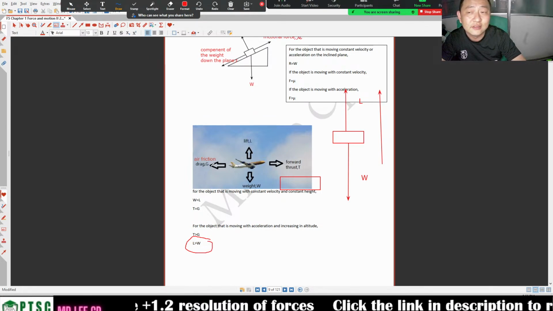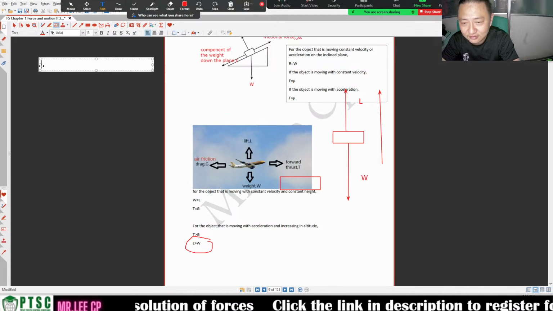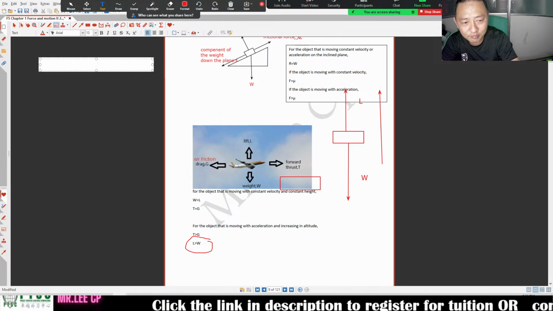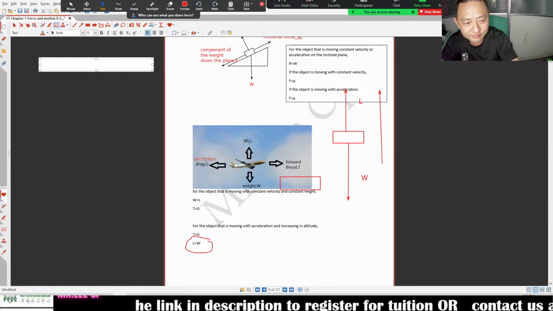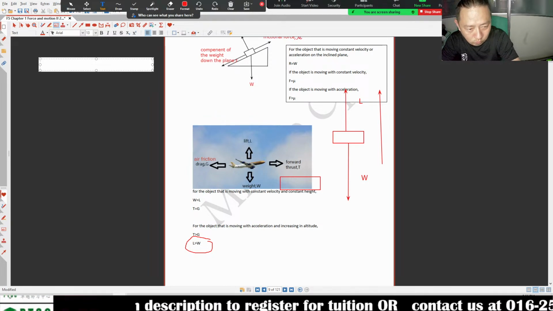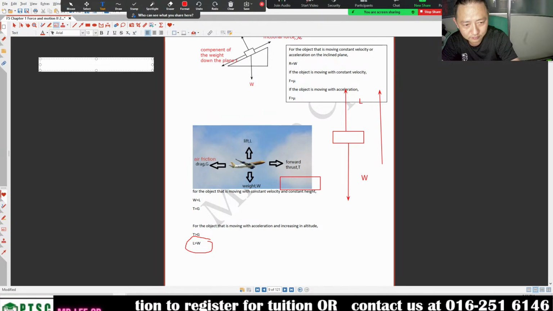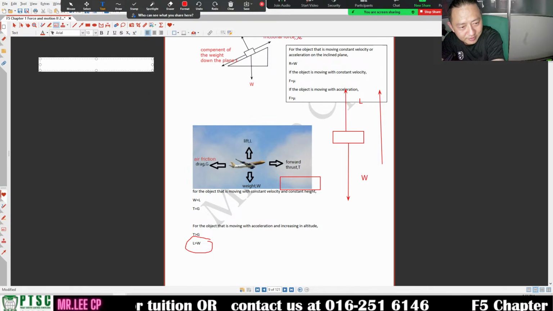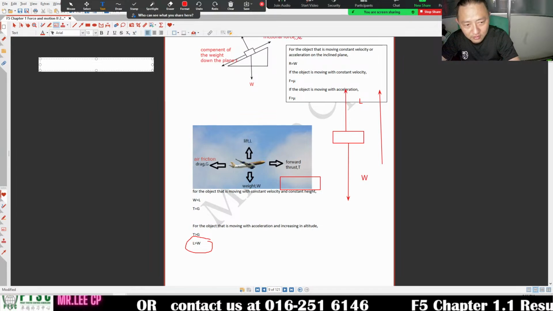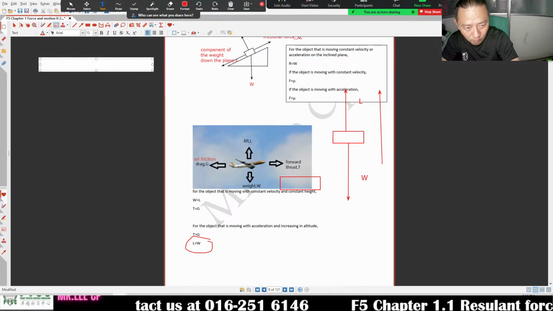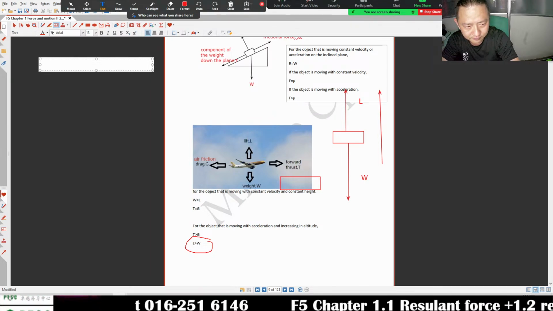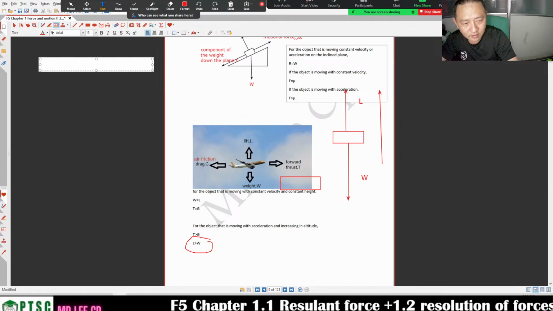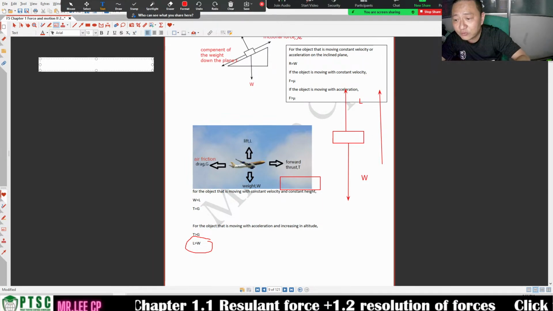If you are going upward. If this aeroplane is moving downward with acceleration, right?